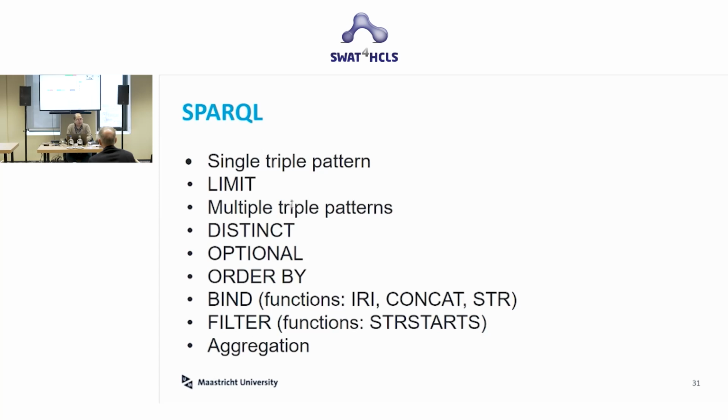I'm using variables for everything here, right? So that means give me any node, any resource in the graph that is linked to any other resource in the graph through this predicate called essay type.